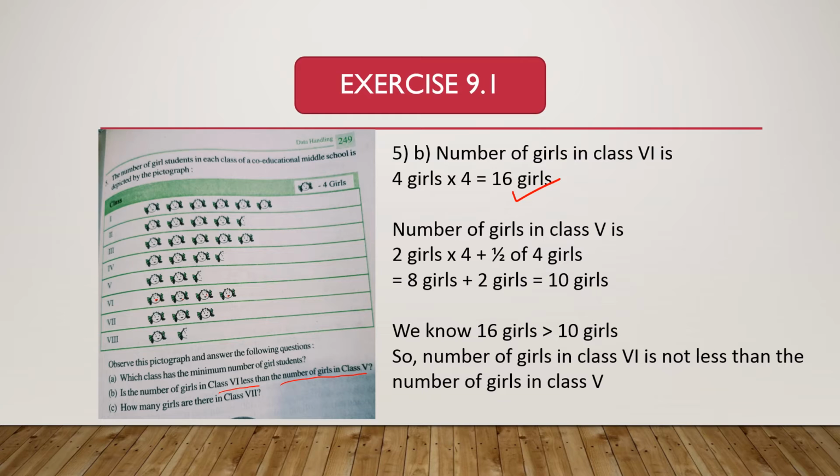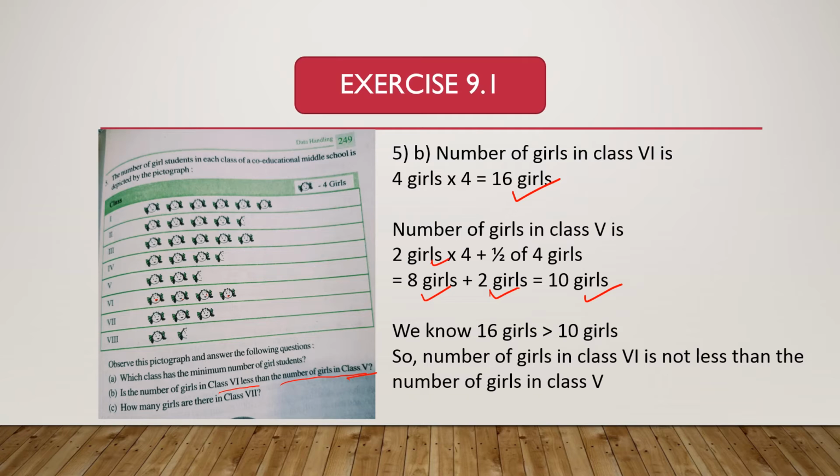Now we have to find the number of girls in class 5. In class 5 there are 2 pictograph symbols. One symbol is represented with 4 girls, so 2 multiplied by 4 is 8 girls, and half of 4 girls is 2 girls. So 8 plus 2 is 10 girls.